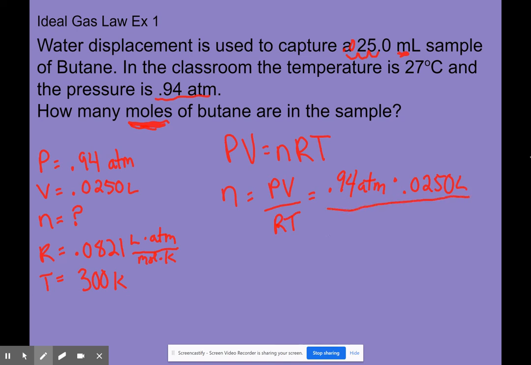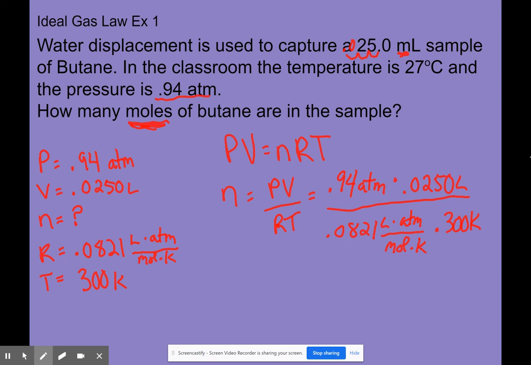my R value, which is 0.0821 liters times atmospheres, divided by moles times Kelvin, 300 K. And so now we can really see why we have to have that universal gas constant, that R value in there.